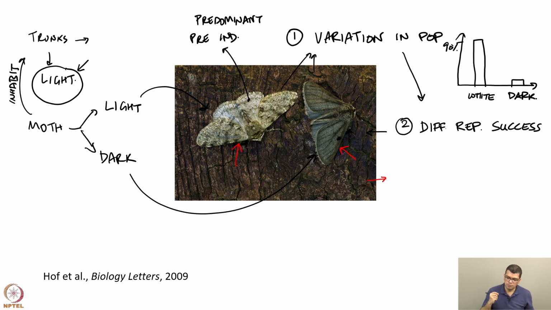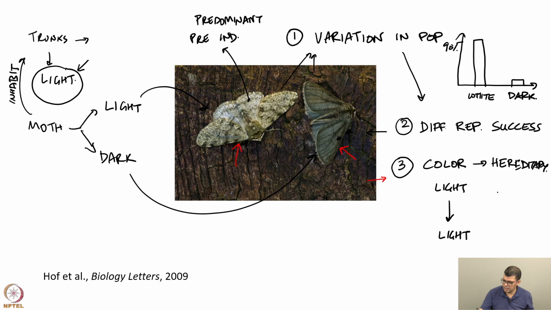However, we must not forget about the third element here, that color of the moth is a hereditary trait. A light colored moth gives birth to a light colored moth, and a dark colored moth gives birth to a dark moth.